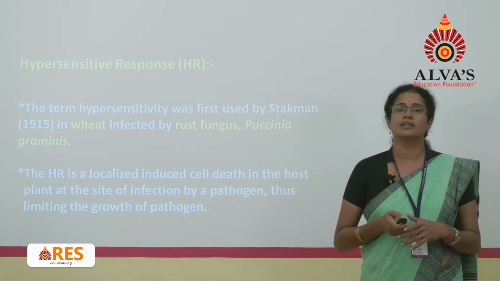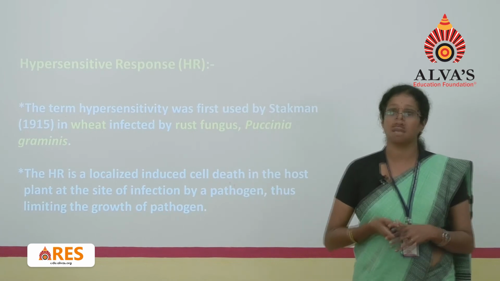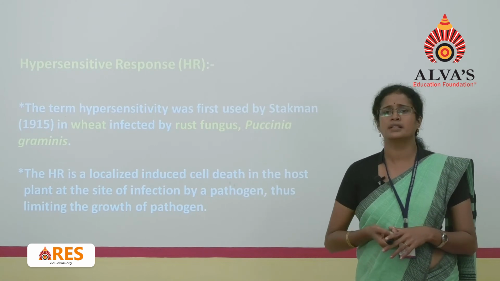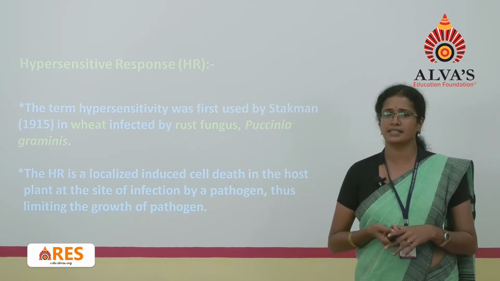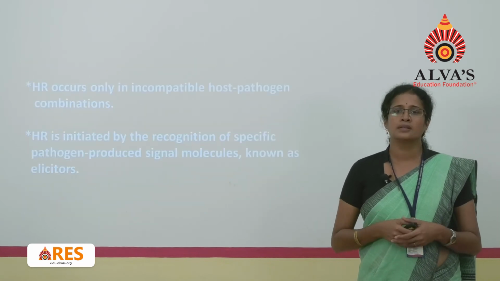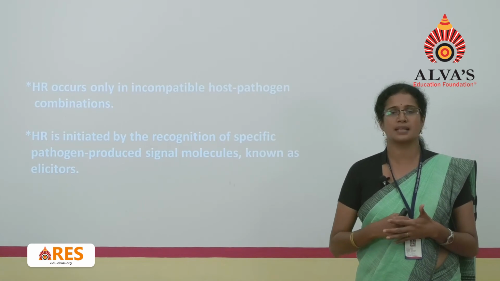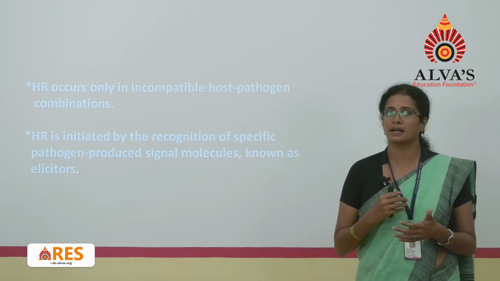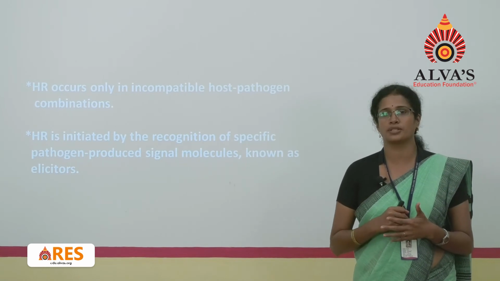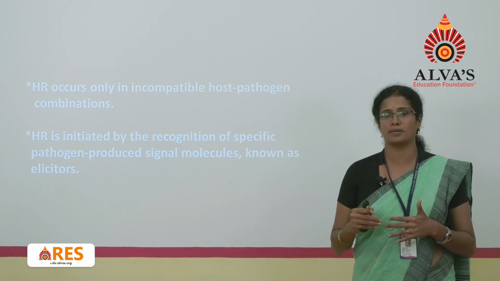This word hypersensitivity response was first used by Stakman in the year 1915 when he observed the rust fungi of weeds which is caused by Puccinia graminis. This hypersensitivity response does not occur in all the plants, it occurs only in incompatible host pathogen combination. Now, what is incompatible host pathogen combination?